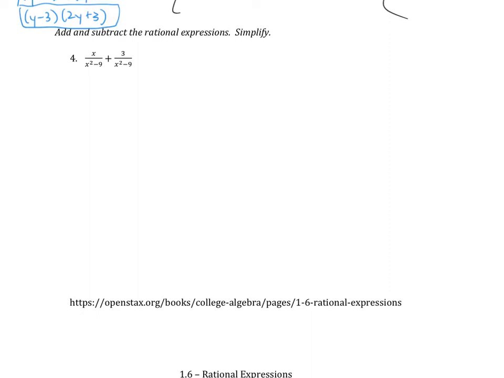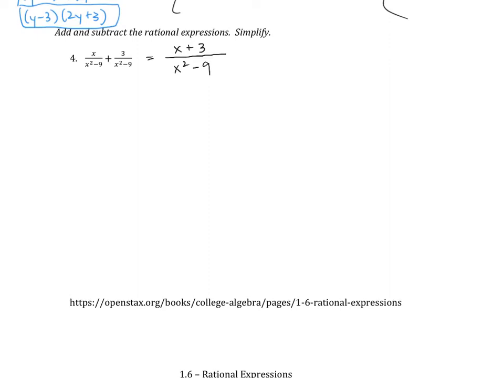Remember that what you do is you add and subtract the top, or the numerator, and you leave the denominator alone. So for this one, x plus 3 will go on top, because those are not like terms. All you can do is add them like that. And then the bottom will be the same, x squared minus 9.